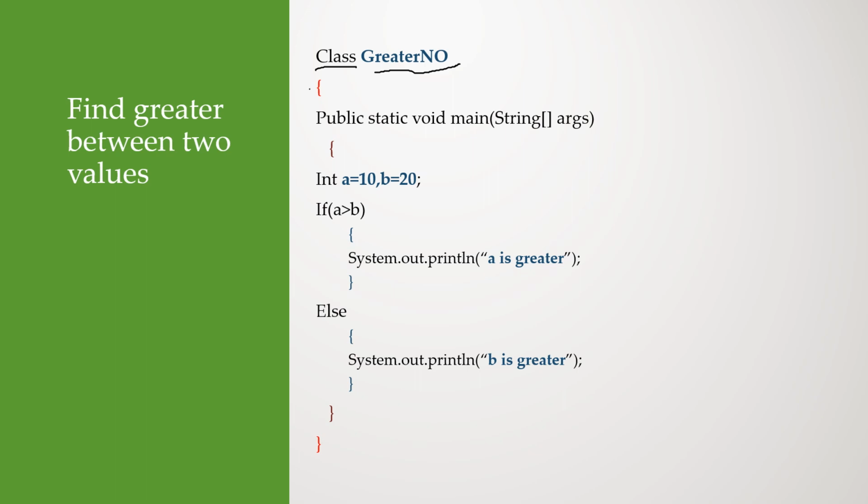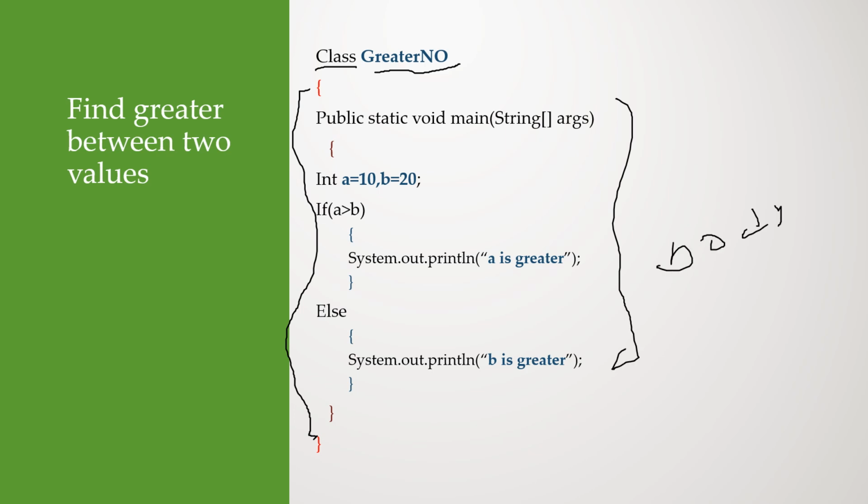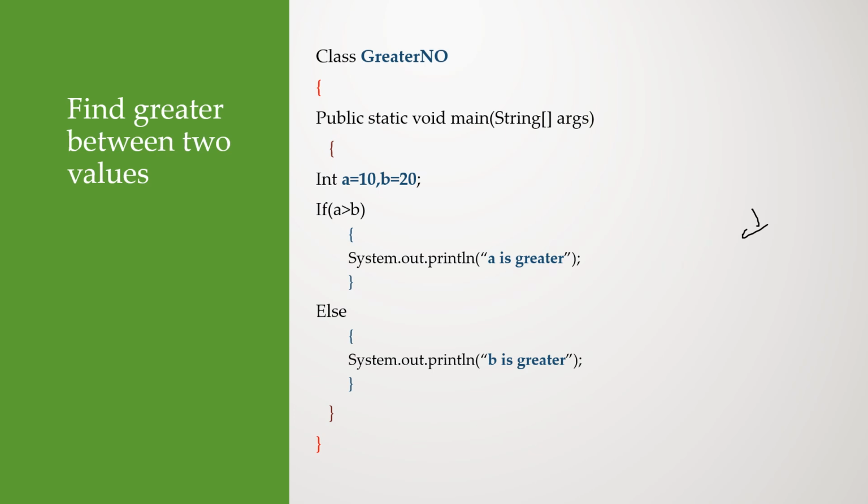If you see here, red to red, everything in between is a body, as we discussed previously. We had our class, and I had shown you the class name as an identifier, and also the main method we had given here, public static void main String args.